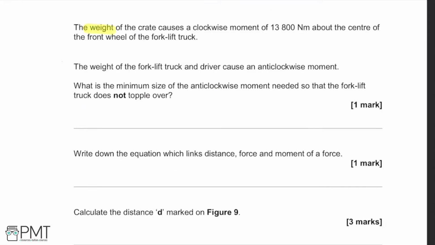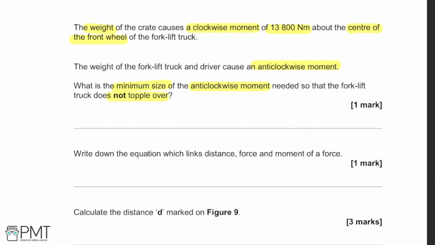Now we're told that the weight of the crate causes a clockwise moment of 13,800 newton meters about the centre of the front wheel of the forklift truck. The weight of the forklift truck and driver causes an anti-clockwise moment. And we're asked what the minimum size of the anti-clockwise moment needed is so that the forklift truck does not topple over.